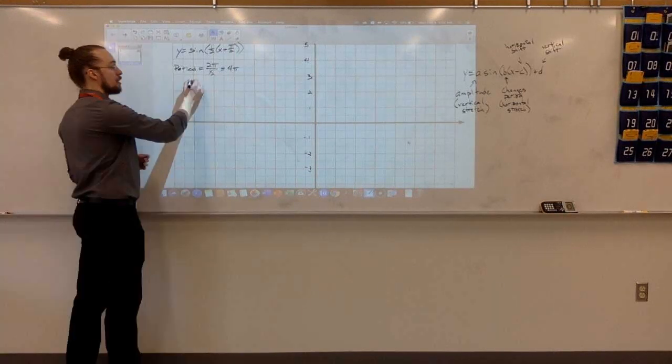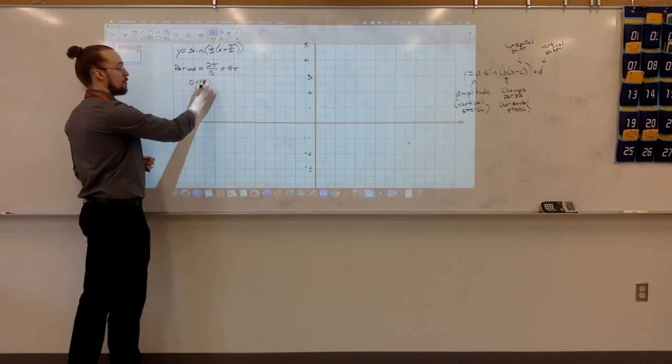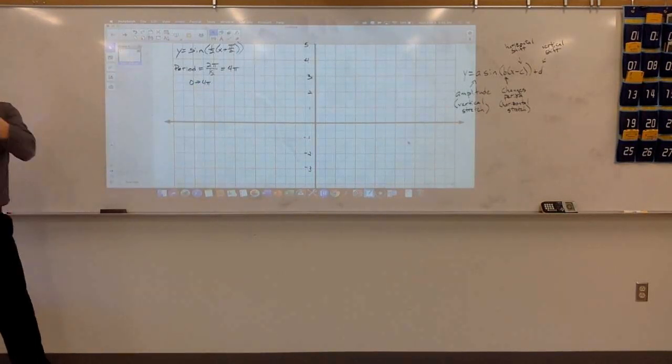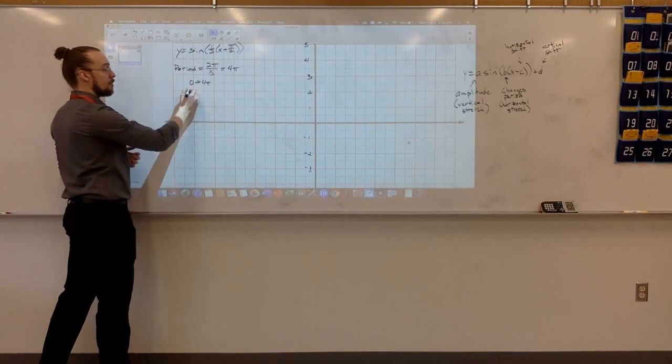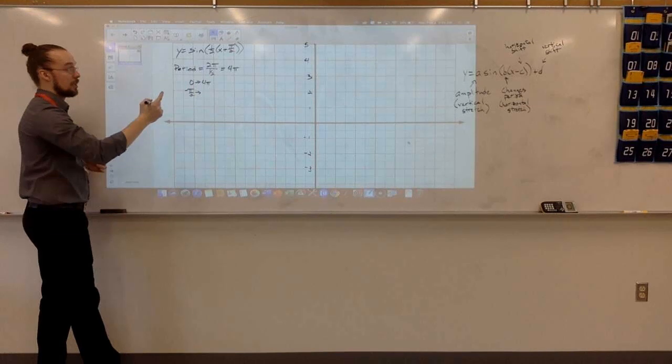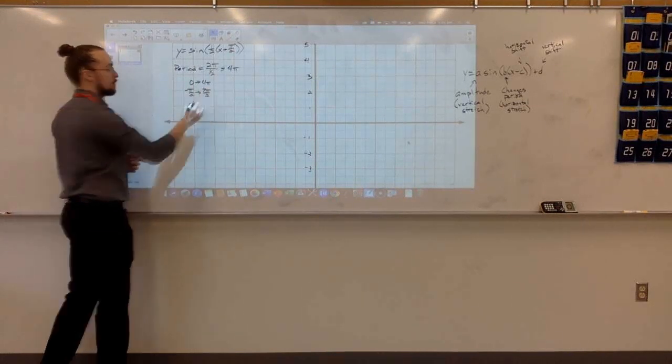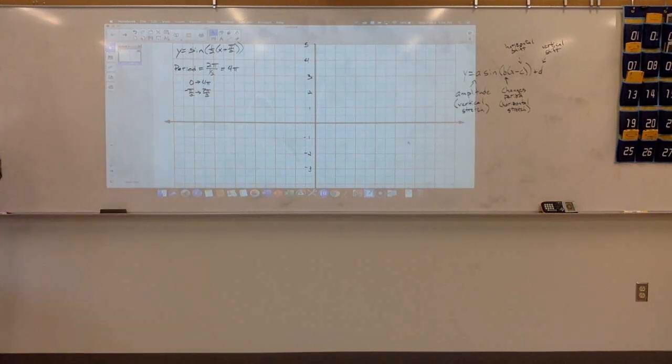So instead of going 0 to 4 pi, I'm subtracting pi over 2 from each of those values. So I'm really going to be going from negative pi over 2 to 7 pi over 2. 4 pi minus pi over 2 would be 7 pi over 2.